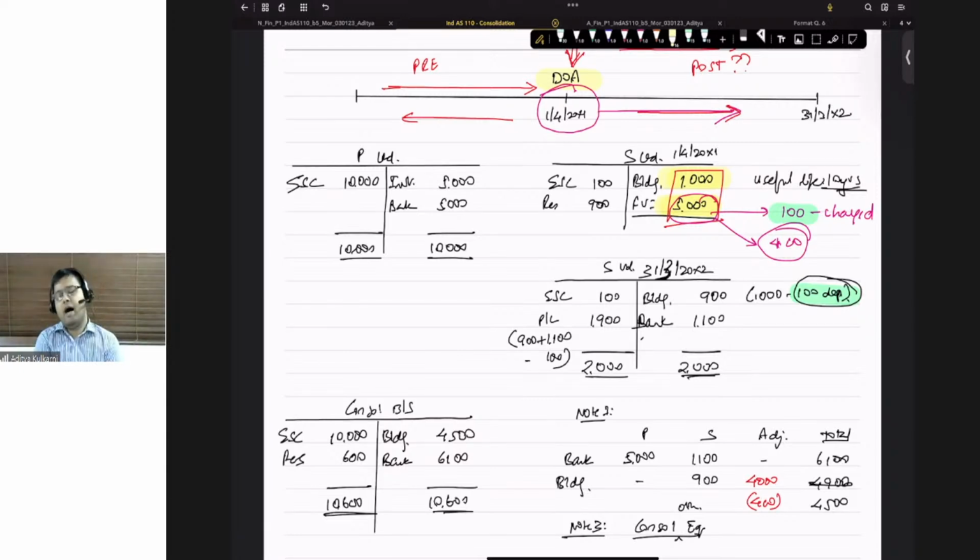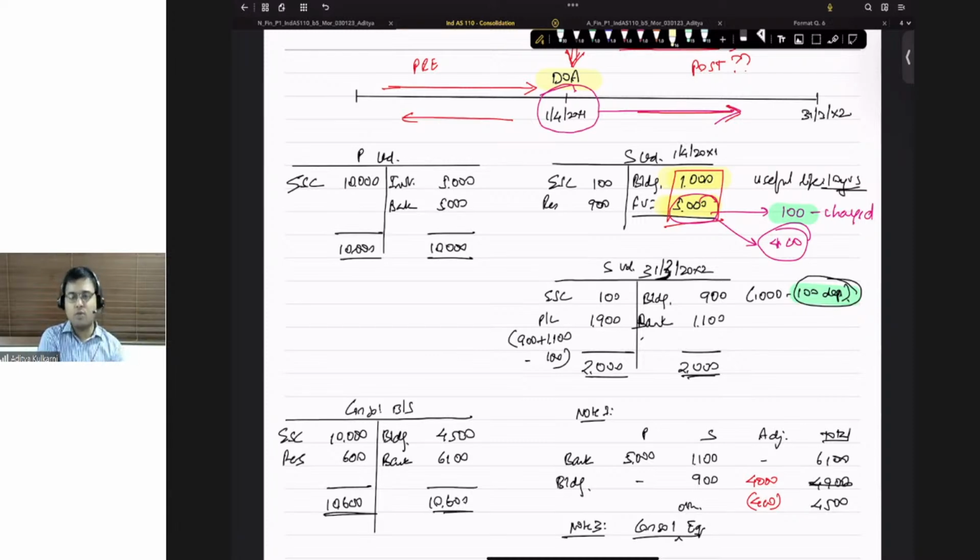See, understand one thing. When we talk about fair value adjustments, this fair value adjustment is not in pursuance of Ind AS 113 that deals with fair value measurement. This is a fair value adjustment in relation to acquisition that has given rise to goodwill on the date of acquisition.